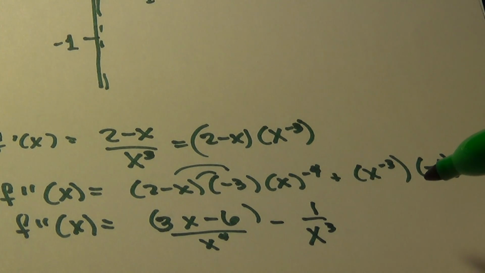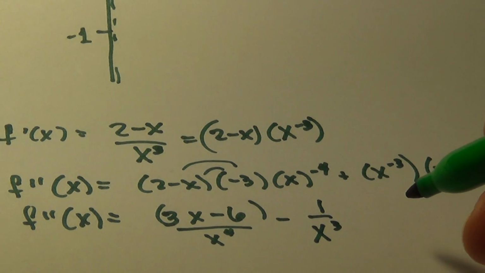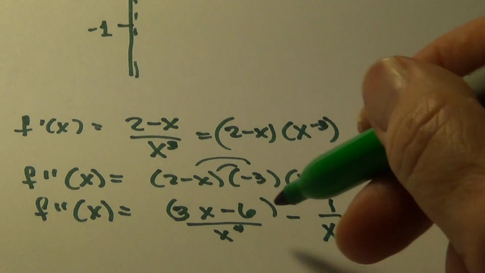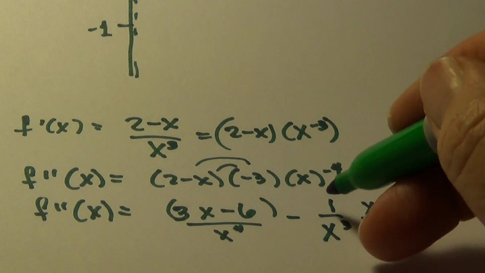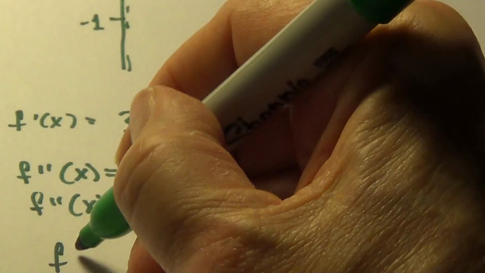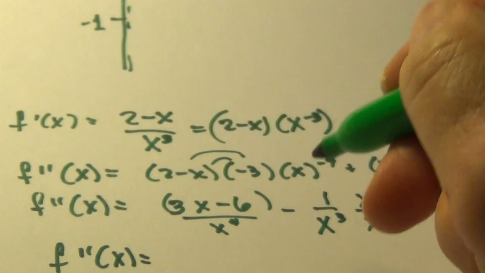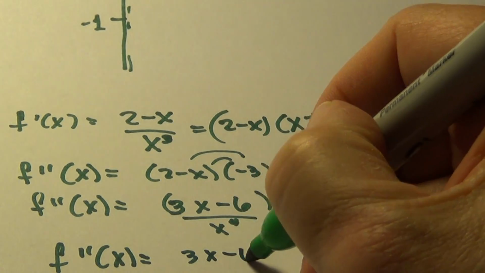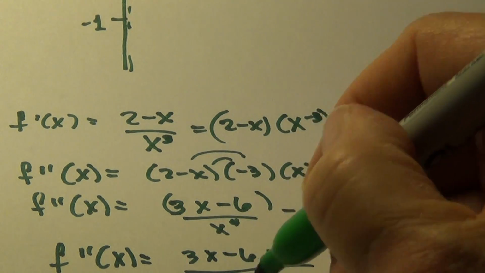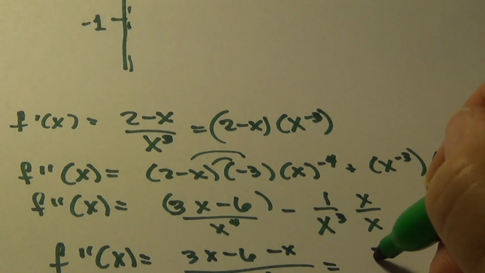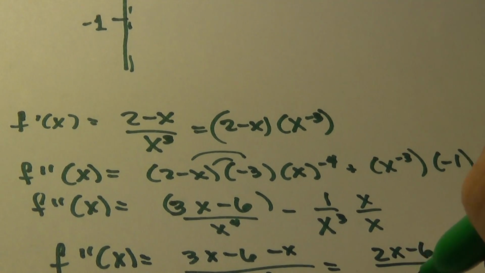So once again, as part of the cleanup process, it's helpful to give them like denominators. So multiplying this term by x over x, I get 3x minus 6 minus x over the common denominator, x to the 4th. All right. Are you following the algebra? I think I'm going slow enough that you can.